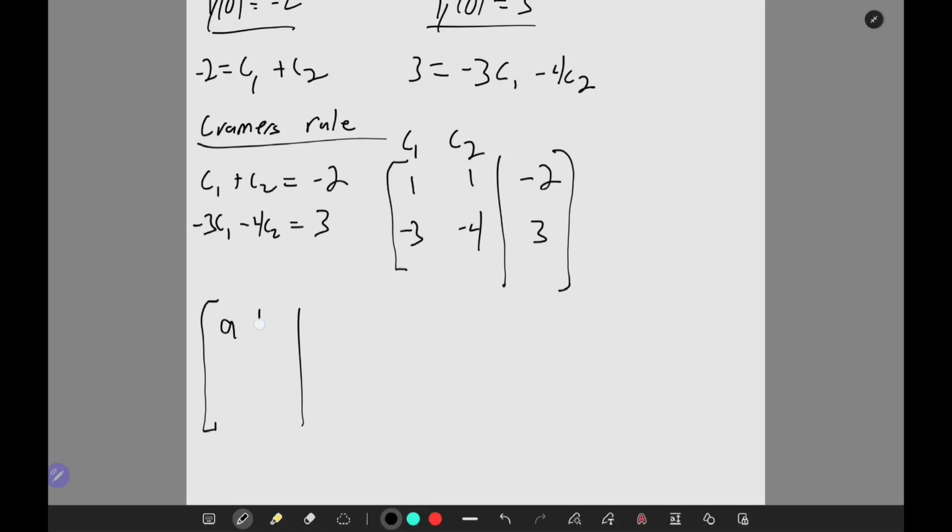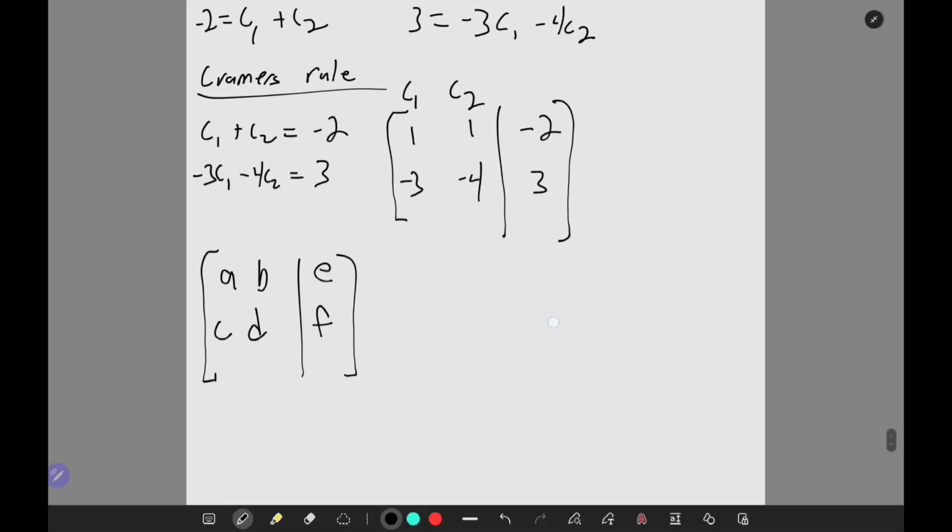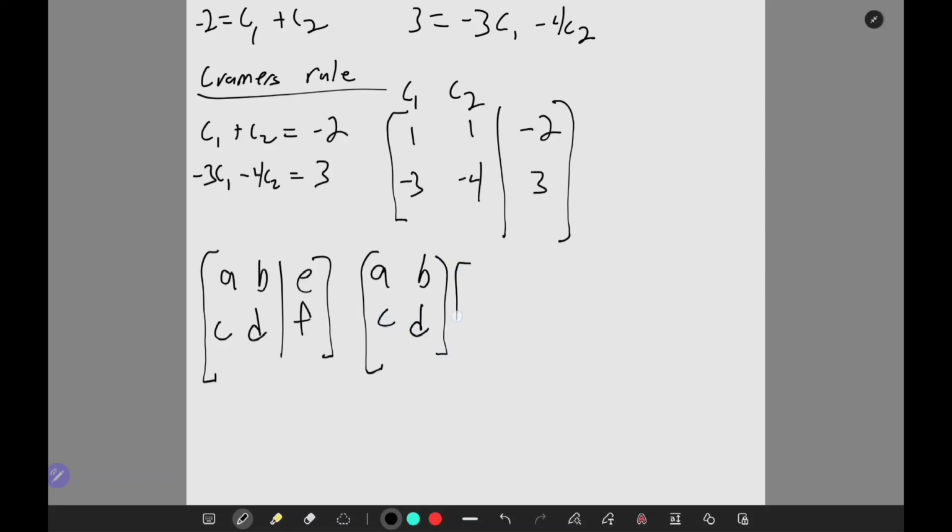If we have something like this, A, B, C, D, and this is E and F. Cramer's Rule, so typically this can be rewritten as follows.